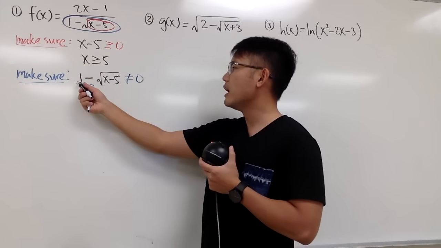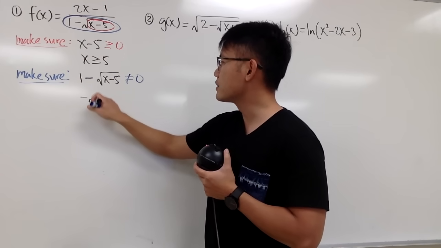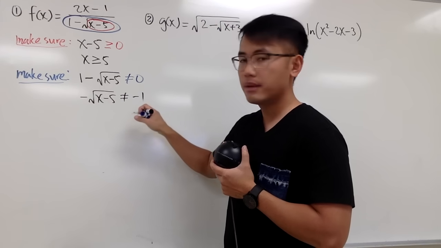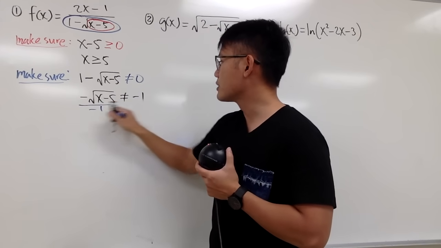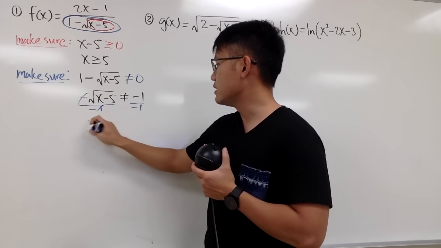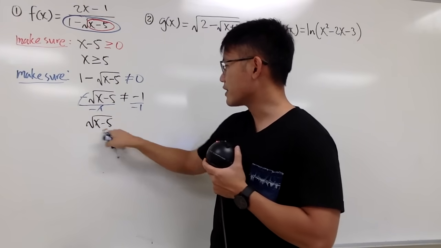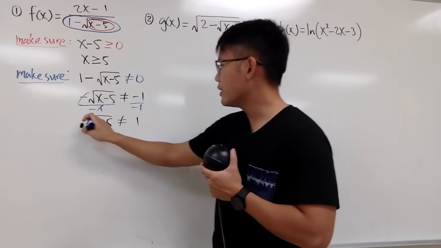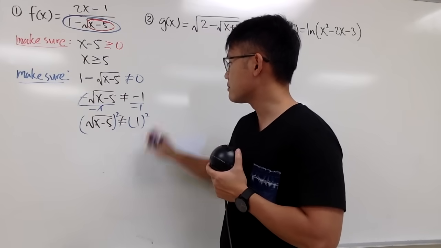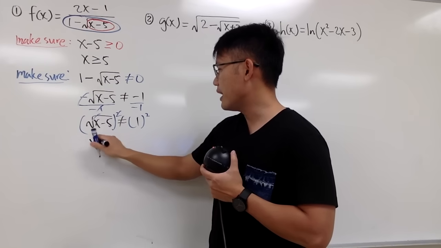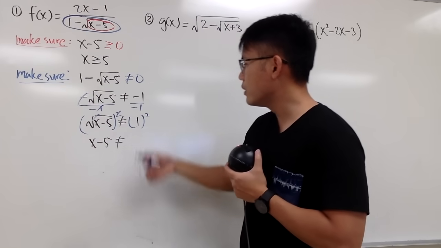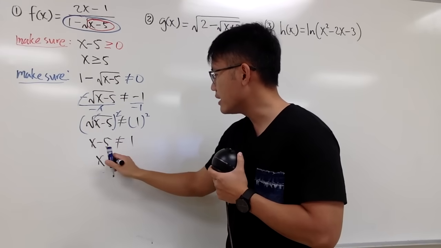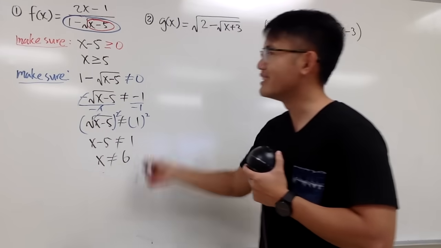You can just go ahead, minus 1 on both sides. So you get negative square root of x minus 5 not equal to negative 1. And then we can divide both sides by negative 1. And then we see this is the square root of x minus 5, which cannot be equal to positive 1. And then we can square both sides. So they cancel, and we get x minus 5 cannot be equal to 1 squared, still 1. And lastly, add a 5 on both sides. We are saying x cannot be equal to 6.